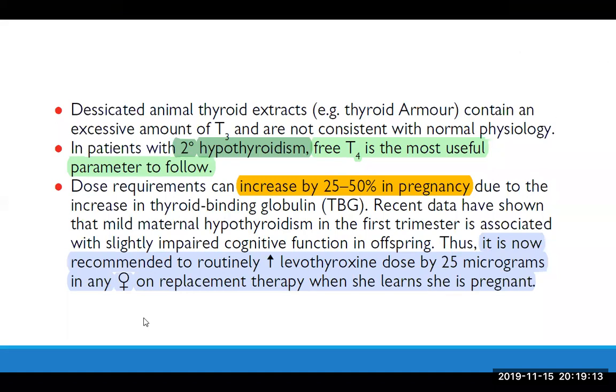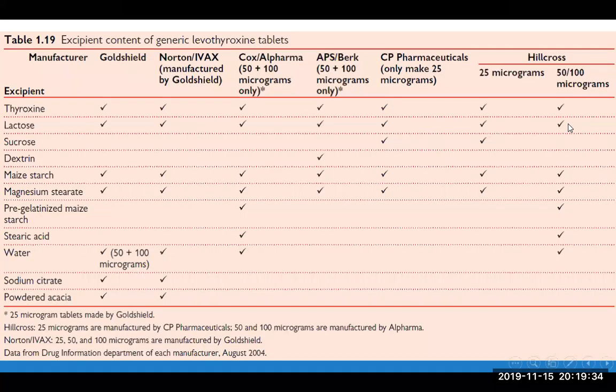It is now recommended to routinely increase the levothyroxine dose by 25 microgram daily in any female on replacement therapy when she learns she is pregnant. Once she misses a period and the pregnancy test is positive, you must increase the dose by 25 microgram daily, which represents about 25 to 50%.